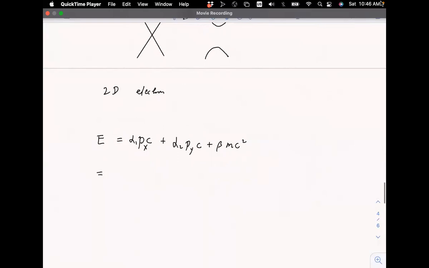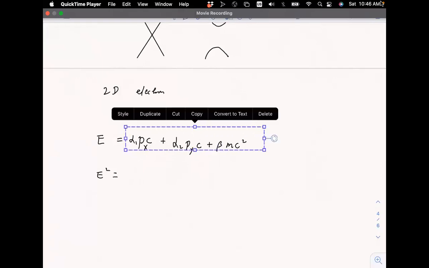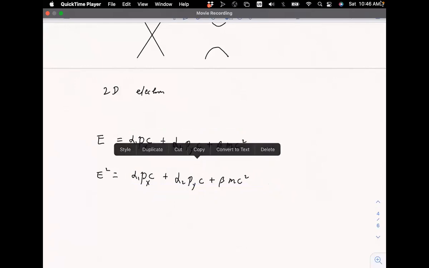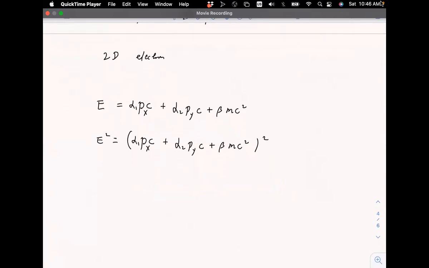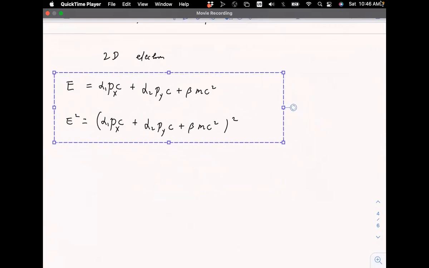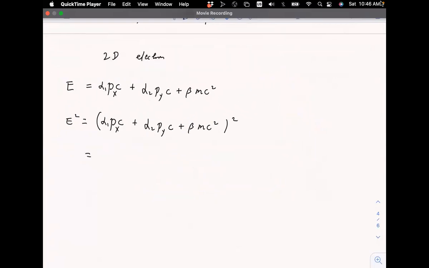Then let's square it. If you square it, then you'll get a lot of terms. Let me just write all of them out. It's not that many. So you'll get px square, and then py square, and then beta square.